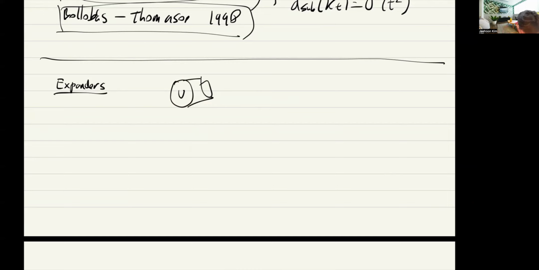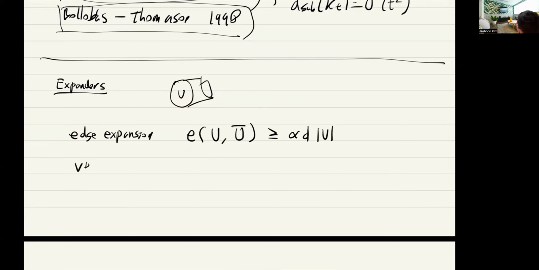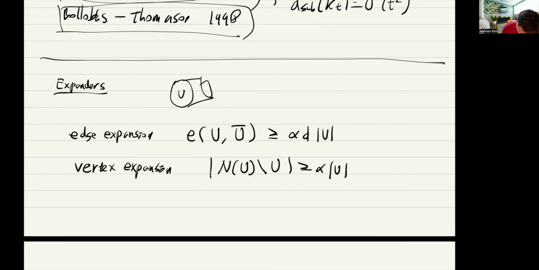Usually you consider edge expansion: for every vertex set U, the number of edges between U and its complement is at least alpha times D times the size of U. Or vertex expansion, which means you consider a vertex set and its external neighborhood, and that is at least alpha times the size of U, for some positive number alpha.